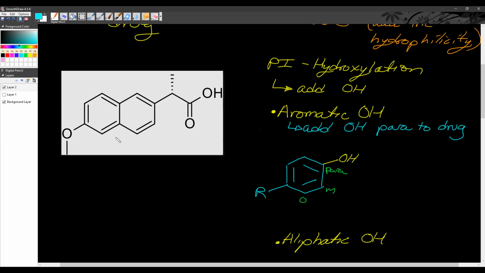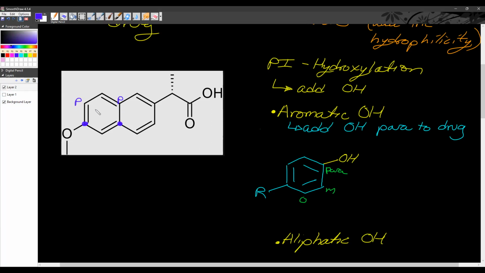But in general, para can exist to any group that's already there. So what would be para to the methoxy group? This carbon. What would be para here? Right there. But what's para to this connection? Over here. So you can see that para can be a relative thing, right?